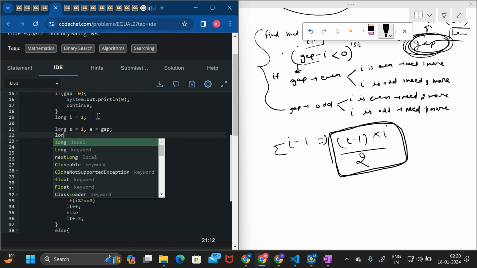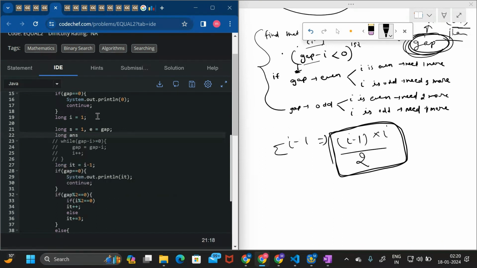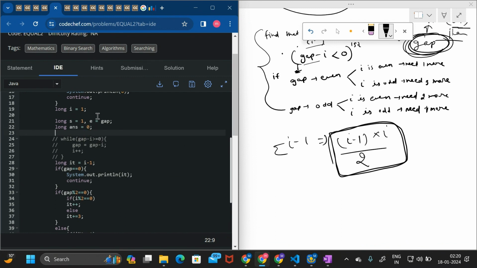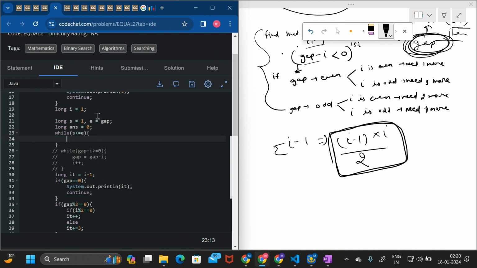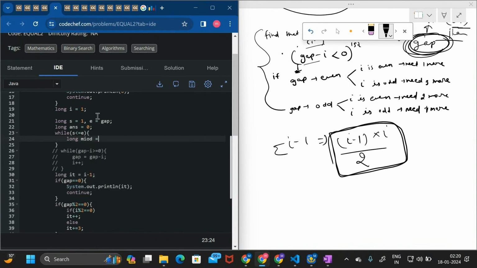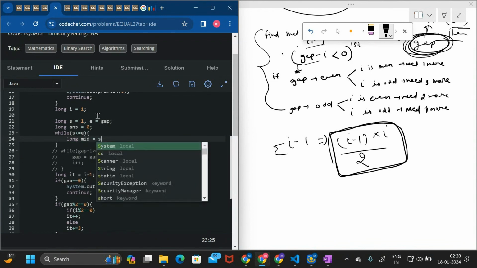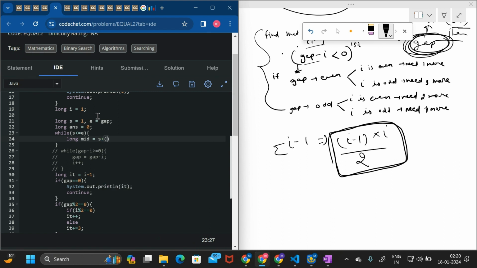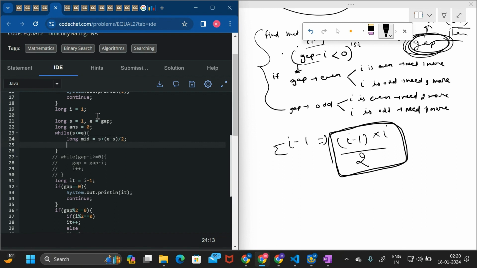Now let's say after this our answer is 0. Okay. So while s is less than or equal to e, what is our mid equal to? s plus (e minus s) divided by 2. This is our mid, and now we need this condition.